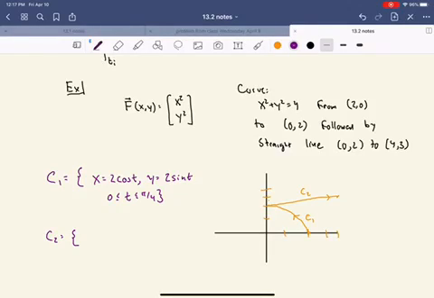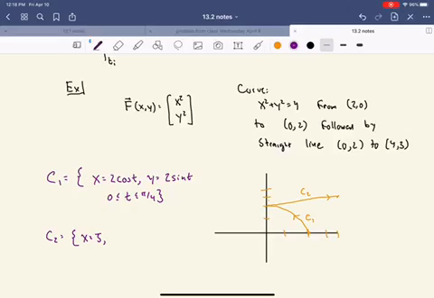C2, well, if I think about this line, it's got a y-intercept of 2, right? And as it goes over 4, it goes up 1. So that's a 1/4 slope. So I'm going to write this as x equals, now I could name it something else, let's call it tau.